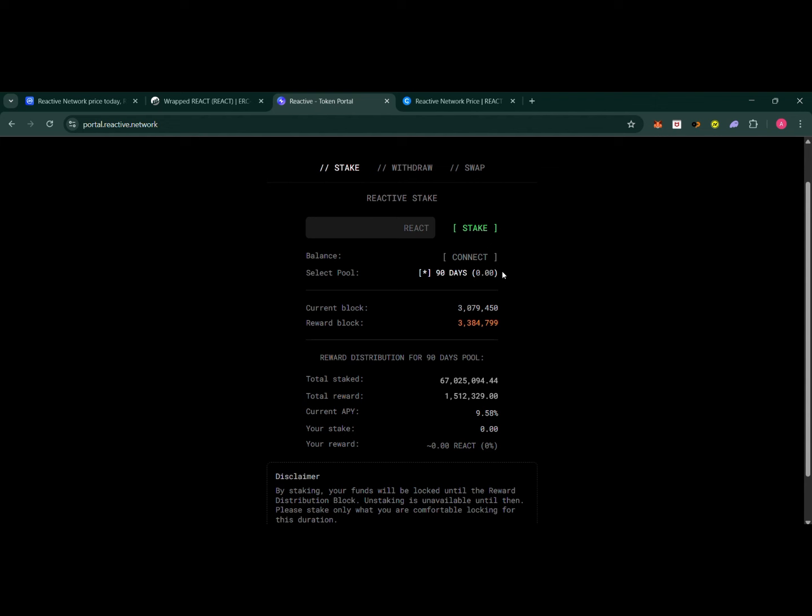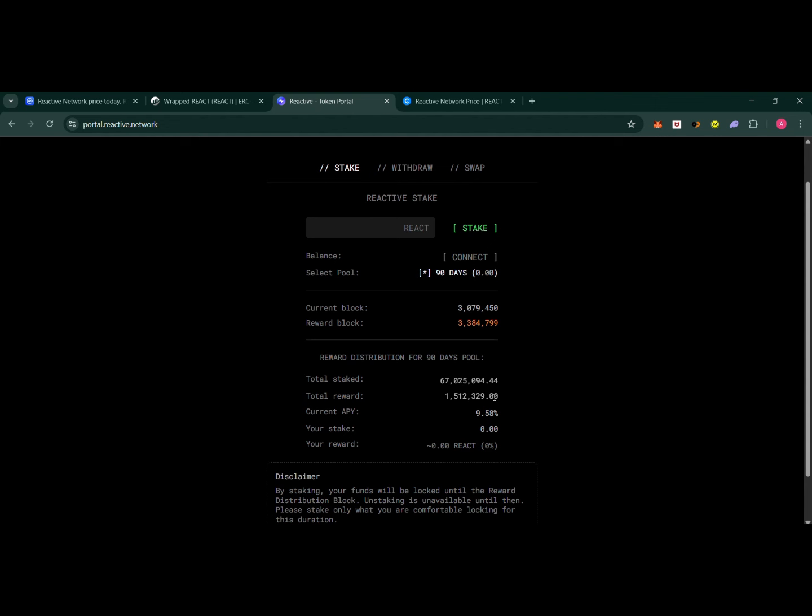Okay. But do remember that if you stake, you would not be able to access your token for those amount of days. So let's say if you stake for 30 days, you would not be able to access your token up to 30 days. After 30 days, your tokens are available and you would get your rewards for that staking duration. Okay.